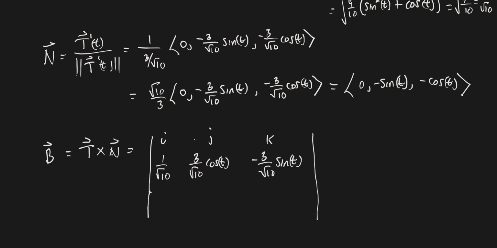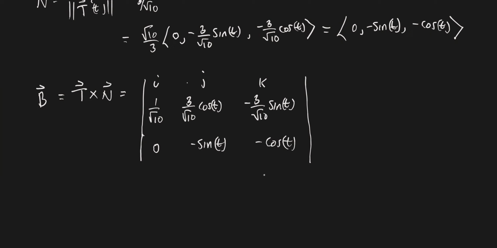And then let's now put the components of N in my third row. So 0, negative sine of t, and then negative cosine of t. All right. So let's see what's going to happen.